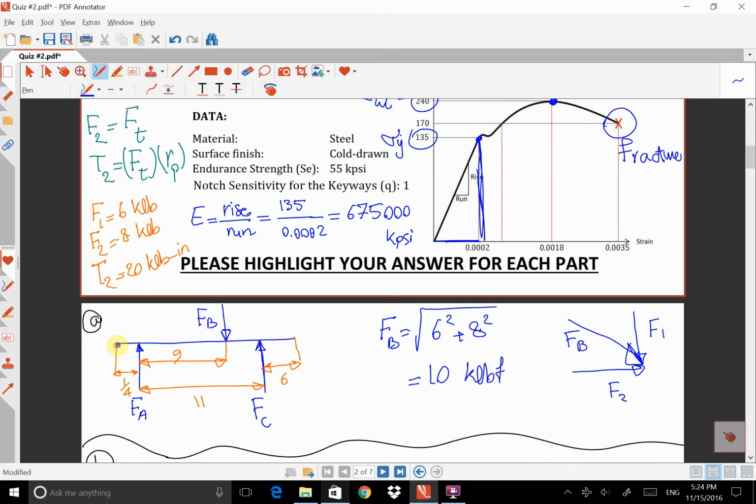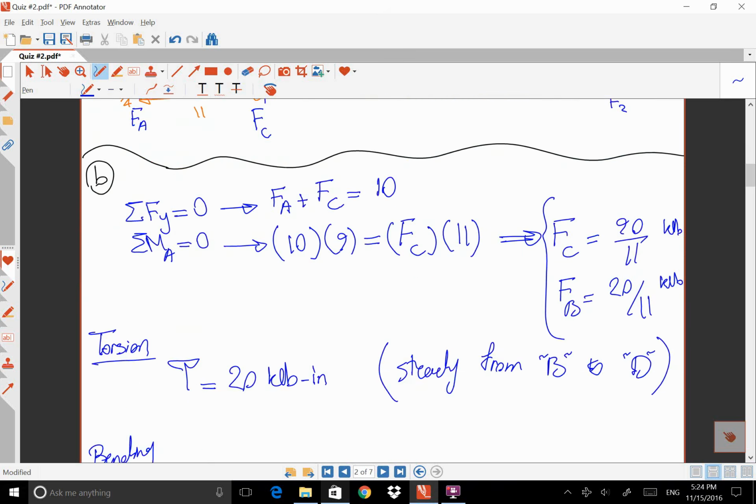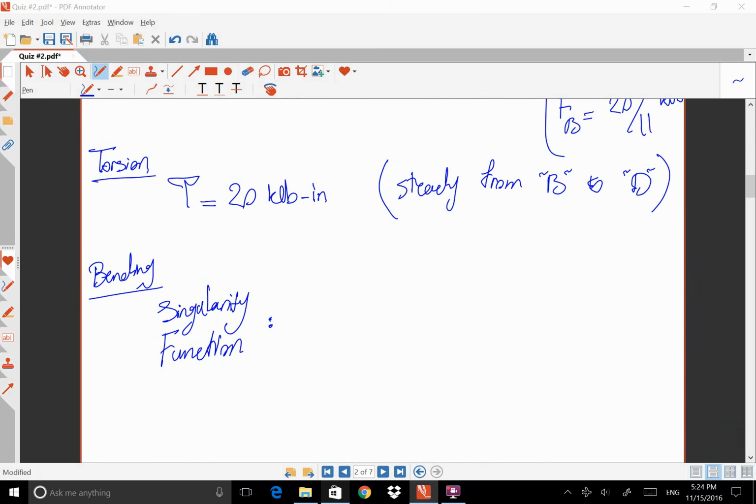here at this end. So that will be my x-axis and that will be my y-axis. And I'm going to do a cut at this point, and I'm going to consider this part. So I can say the moment is FA, acting upwards, so that's positive.